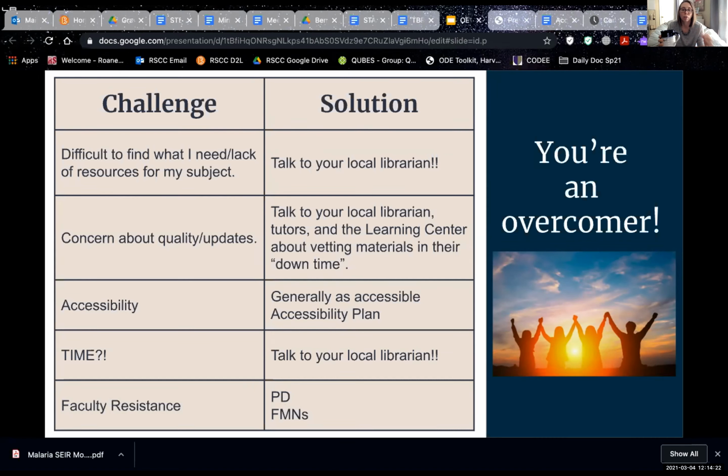Your tutors and your learning center can also help you find things and help you vet them to make sure they're of the quality that you're looking for, and that things are up to date. And then of course, please offer some sort of professional development, some sort of professional learning, for your faculty, and help them recognize what's out there, how they can find it, and how they can implement it in their classroom.